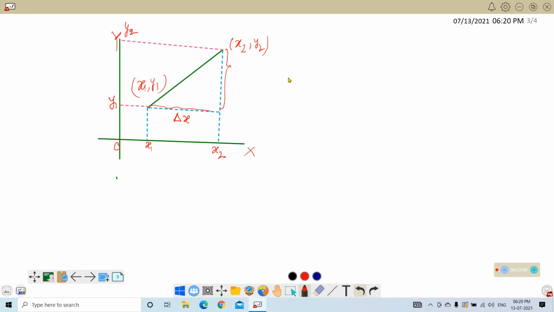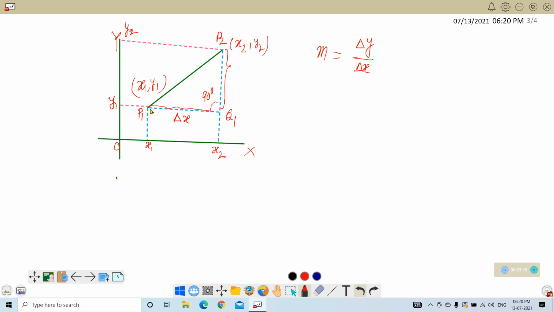Okay. Now we have defined m is equal to delta y by delta x, and clearly this triangle Q1, P2, this triangle is a right angle triangle. This angle is 90 degree.